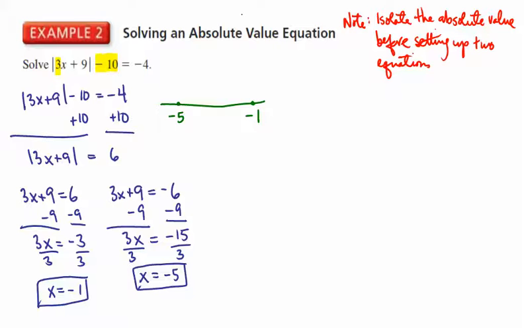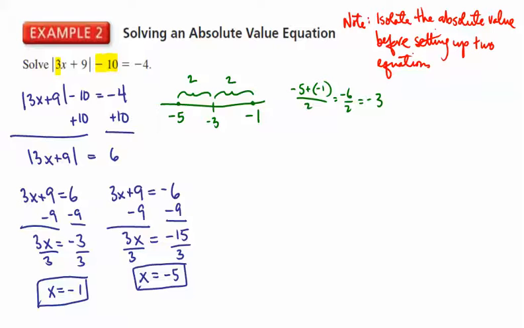We can add negative 5 and negative 1 together and divide by 2, which gives us negative 6 over 2, or negative 3. That would be the center. The distance from negative 5 to negative 3 is 2, and the distance from negative 3 to negative 1 is also 2.